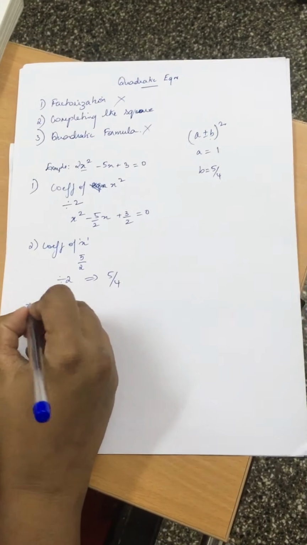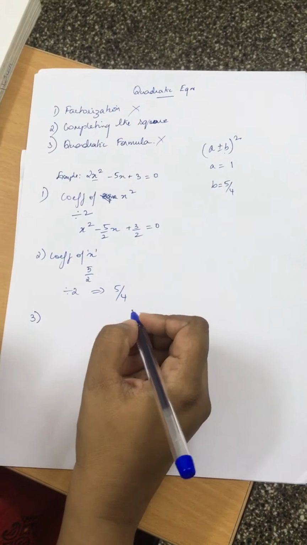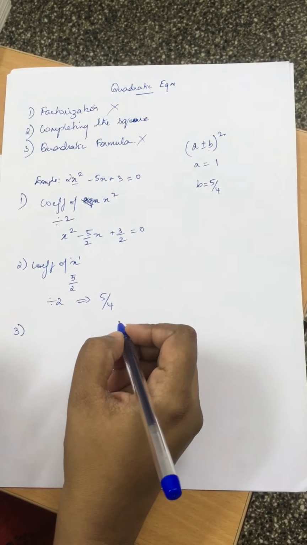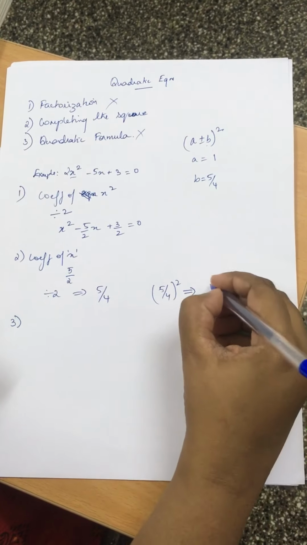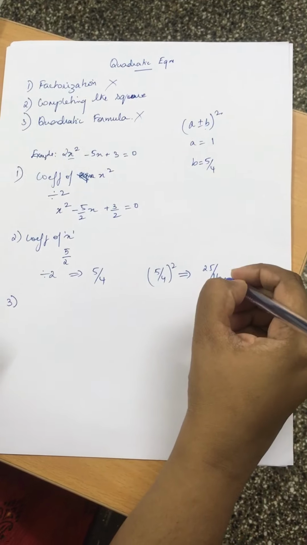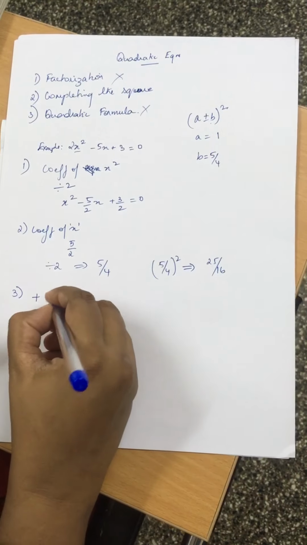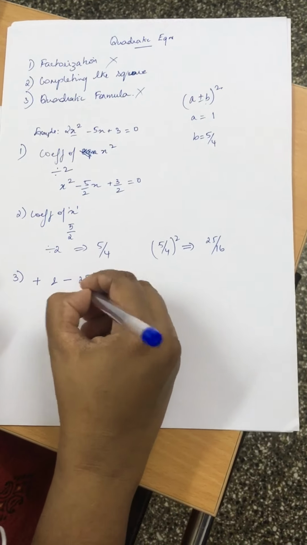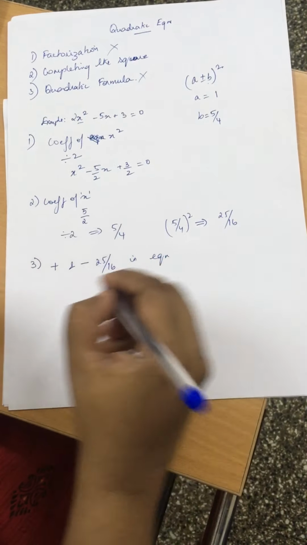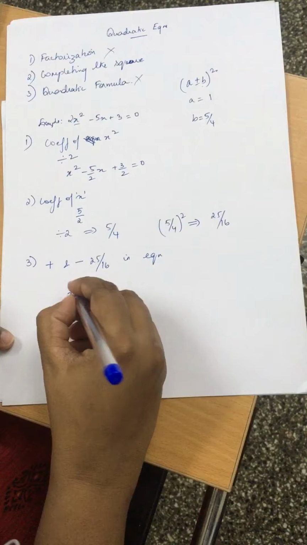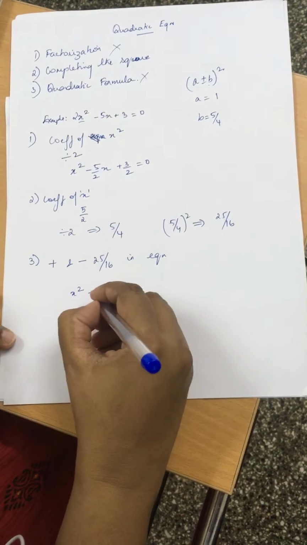And the third step would be squaring this b value and adding and subtracting. So 5 by 4 the whole square gives me 25 by 16. Now I need to add and subtract 25 by 16 in my equation from the first step. So that makes it x square minus 5 by 2x.